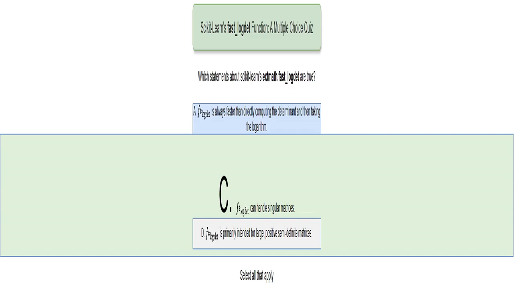Option C examines whether fast_logdet can handle singular matrices with a determinant of 0. Can this function gracefully handle such cases, or does it have limitations? The question explores the robustness of the function, its ability to address potential numerical challenges associated with ill-conditioned input.